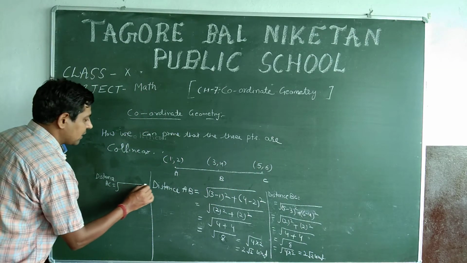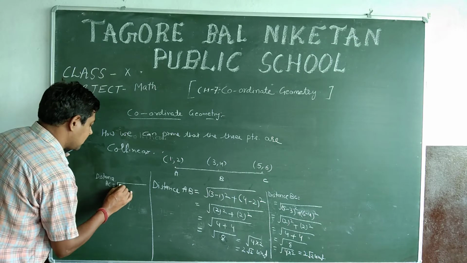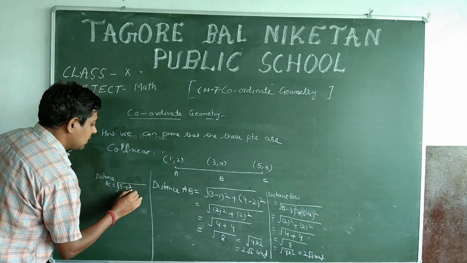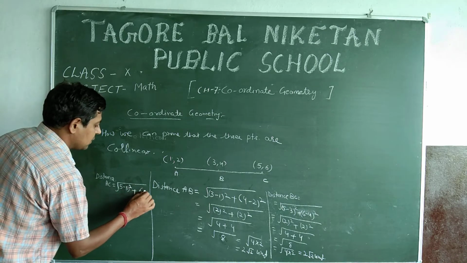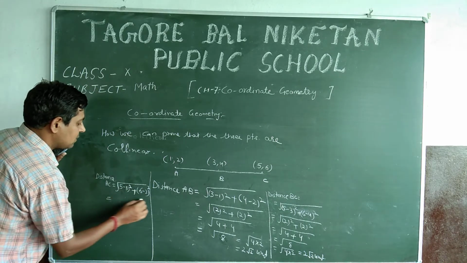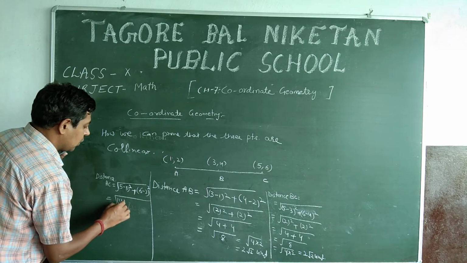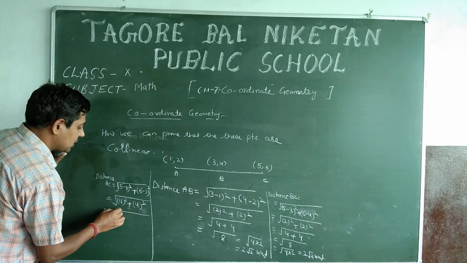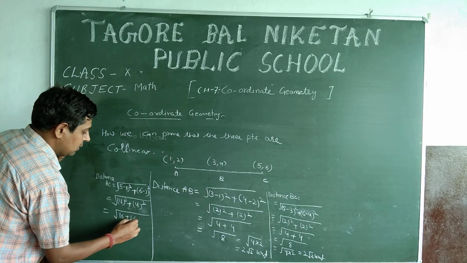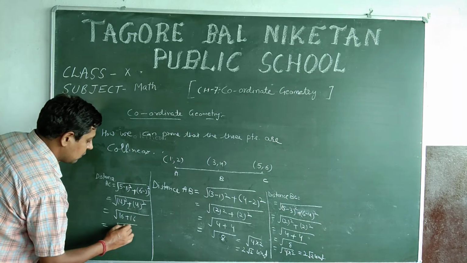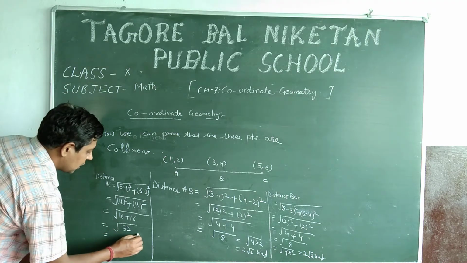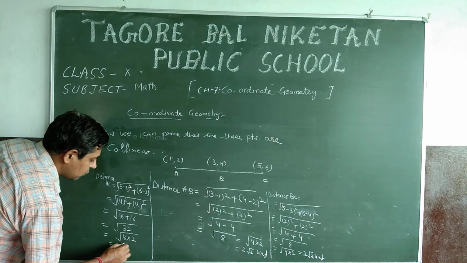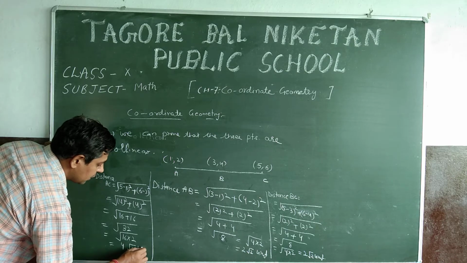So we can write x2 minus x1, 5 minus 1 square plus 6 minus 2 square. 5 minus 1 equal to 4, 4 square, plus 6 minus 2 again equal to 4, 4 square. 4 square 16 plus 16, so we can write it as 32. 32 we can write as 16 into 2, square root of 16 equal to 4 root 2 unit.